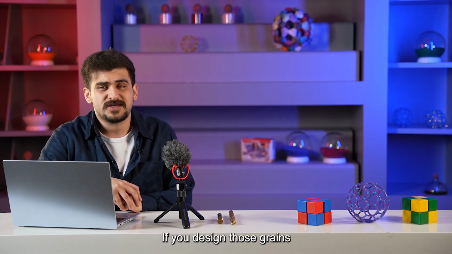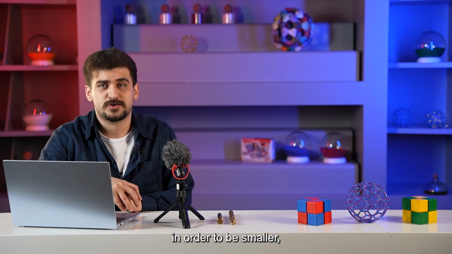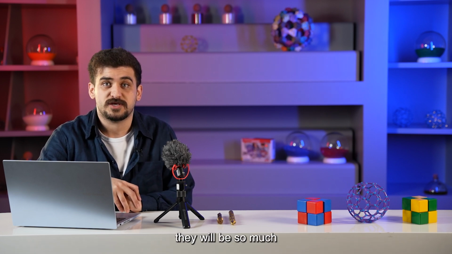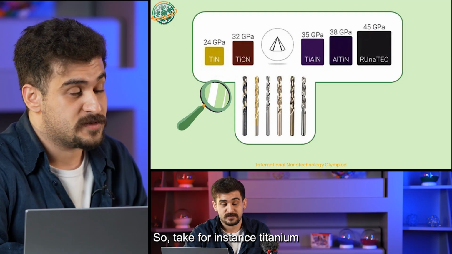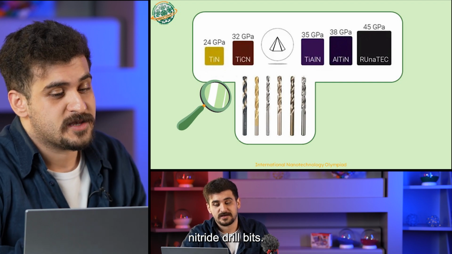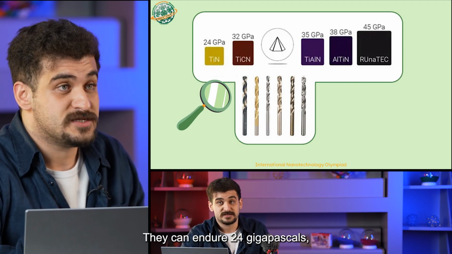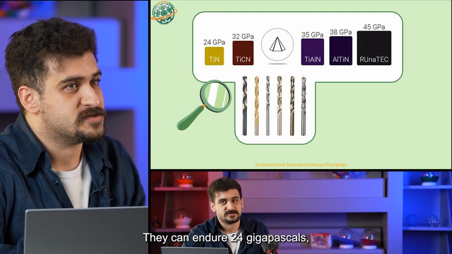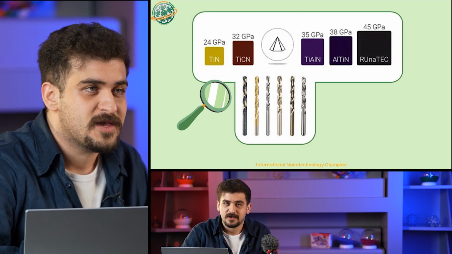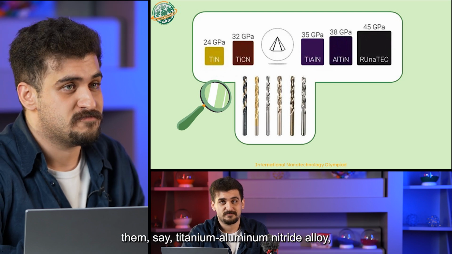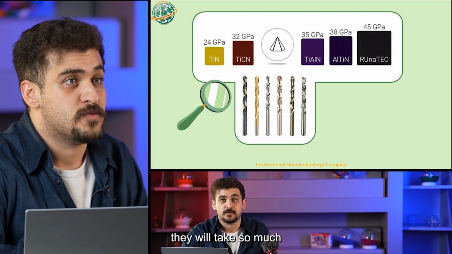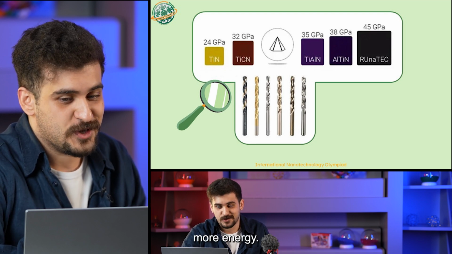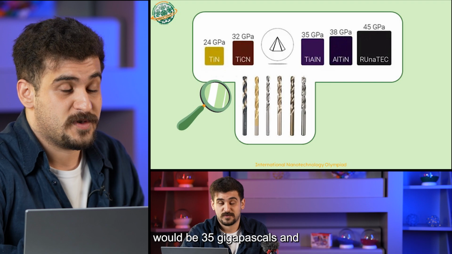If you design those grains to be smaller, they will be much stronger and tougher. So take, for instance, titanium nitride drill bits. They can endure 24 gigapascals, but if you make them in nanostructures, say, a titanium aluminum nitride alloy, they will take much more energy. The pressure would be 35 gigapascals and they can endure it.